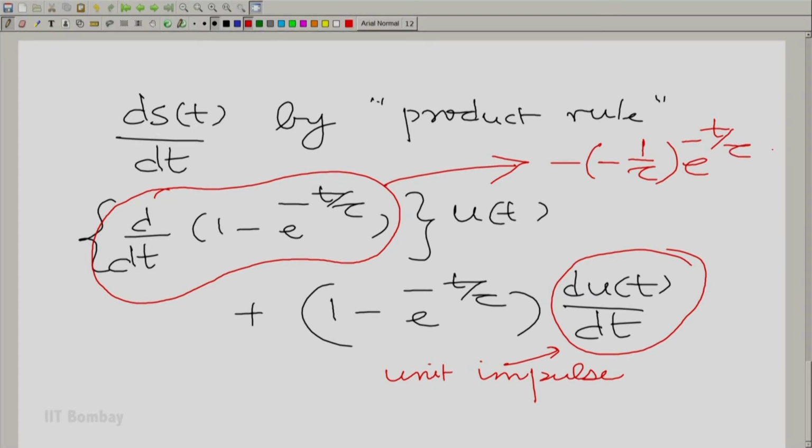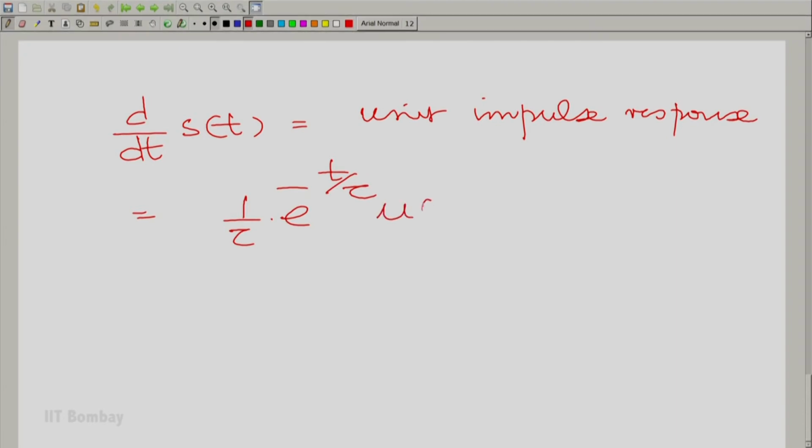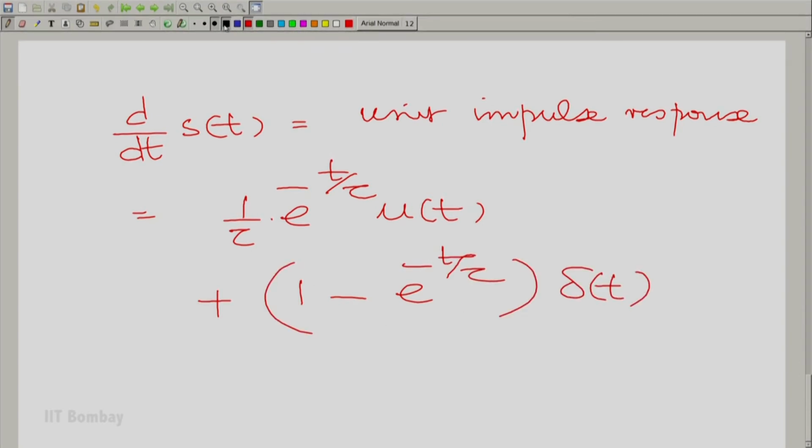So, there we have a very simple conclusion that we are drawing. d/dt s(t), which is also the unit impulse response, is essentially 1 by tau e raised to the power minus t by tau times u(t) plus (1 minus e raised to the power minus t by tau) times delta(t). Now, let us look at this expression carefully. This expression essentially puts an impulse multiplied by an expression.